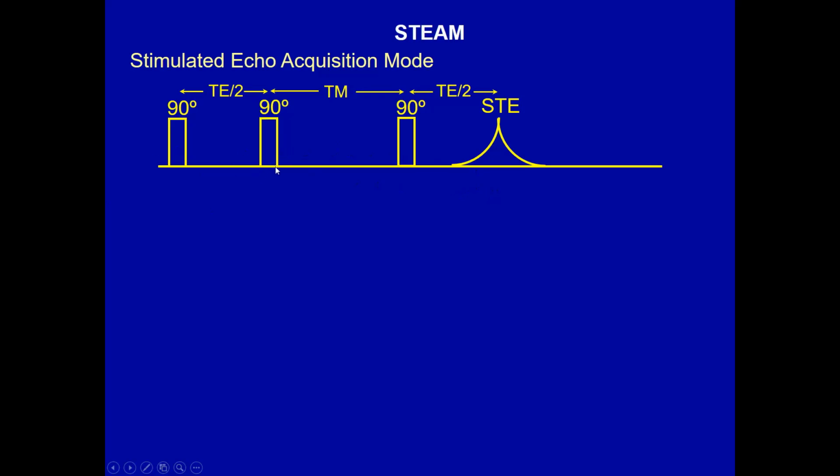You have combinations of pulses, like a spin echo is combining pulses that will give you an echo. When you have combinations of pulses, you can form echoes.